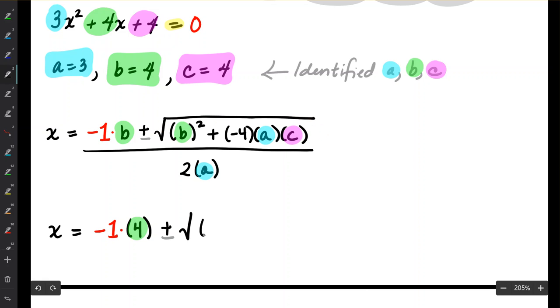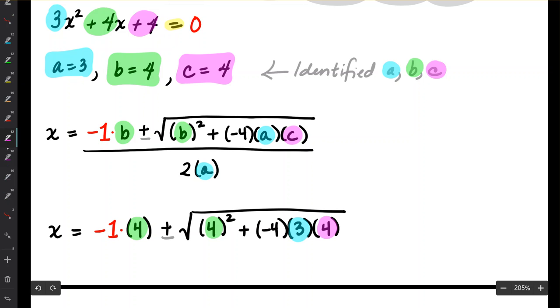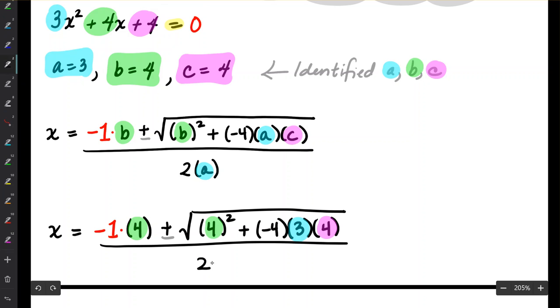B squared, 4 squared, minus 4 times a times c is the same thing as plus a -4 times a. A is 3 times c. C is 4. All divided by 2 times a, and a is 3.